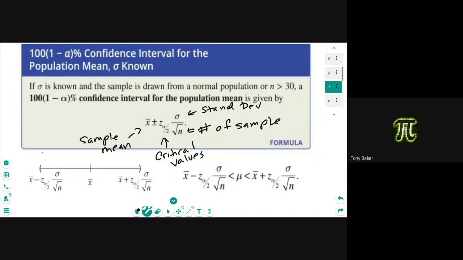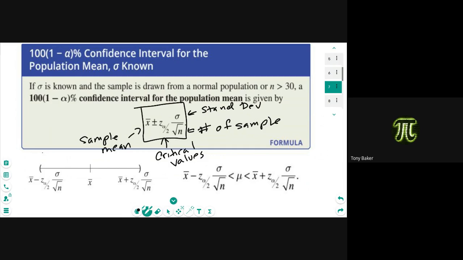All right. Here's my formula. You do not necessarily have to write down the A over the 2 and stuff like that. You can just put Z. You'll be fine. So this is known as my confidence interval. Your confidence interval, you start off with your sample mean.